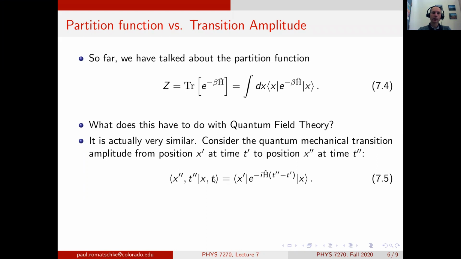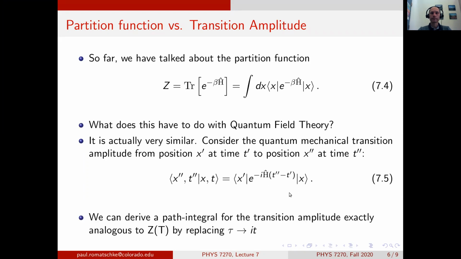In particular, we can factor out the time dependence of this matrix element by using the time evolution operator, such that the matrix element can be written as a matrix element between two position states, x and x prime, and a Hamiltonian that describes our time evolution. The main point is that this matrix element is very similar to the matrix element we cast in terms of a path integral.